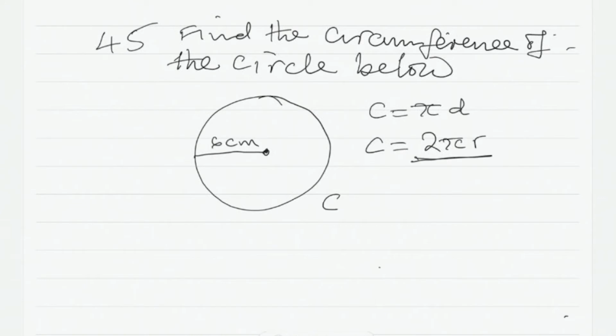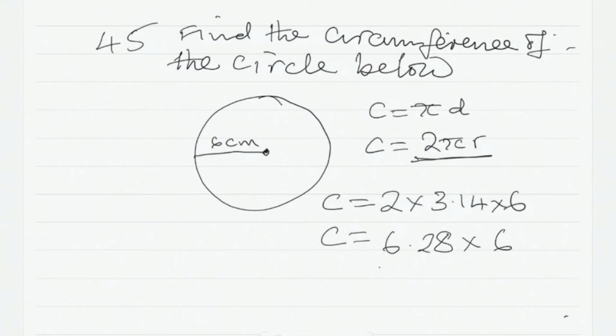So we are going to say C equals 2 times pi. Pi usually stands for 22/7 or 3.14, which they have given there. So it is going to be 3.14 times 6, r standing for radius. So 2 times 4, that is 8. 2 times 1, that is 2. 2 times 3, that is 6.